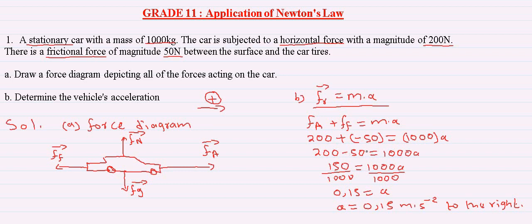Then 200 minus 50 is 150. Divide both sides by 1000. 150 divided by 1000 is 0.15, which is our acceleration. Acceleration must have units, 0.15 meters per second squared. It must also have a direction, which is to the right.